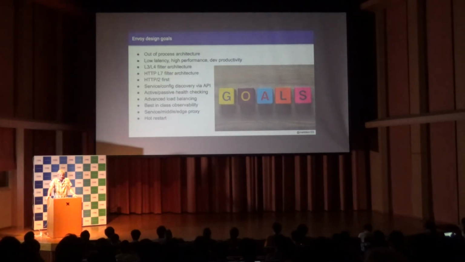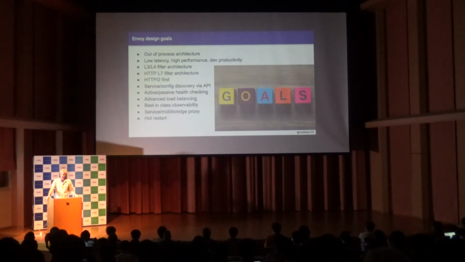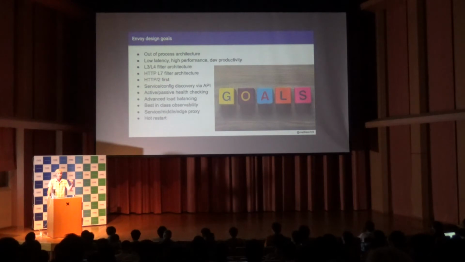So Envoy design goals are based on what I had already brought up about some of the problems of a library-based solution. You have to implement those libraries in every different language. I don't know how many of you have worked with libraries, but actually having to deploy library changes to multiple hundreds of services can take months and months and months.